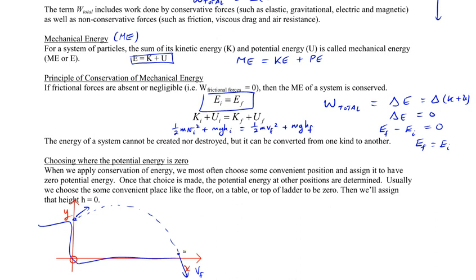Well, the same thing applies with conservation of energy problems. You can choose where you would like to assume 0 potential energy. My usual preference is to choose the lowest point, say right here, to have 0 potential energy.